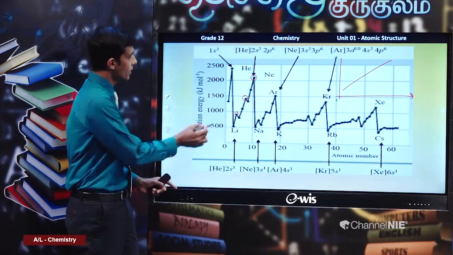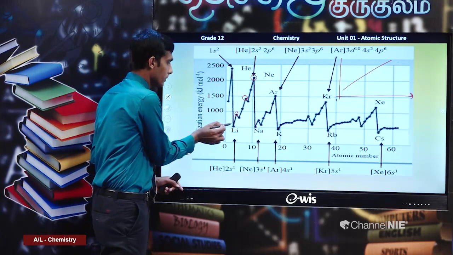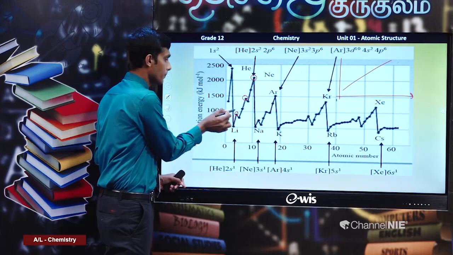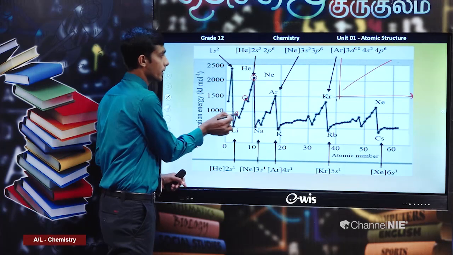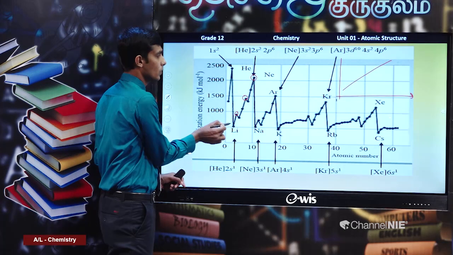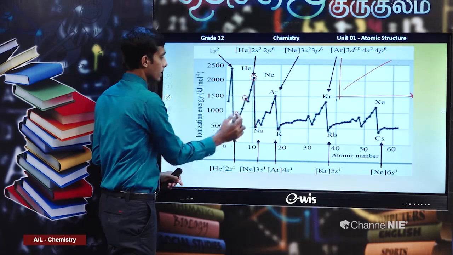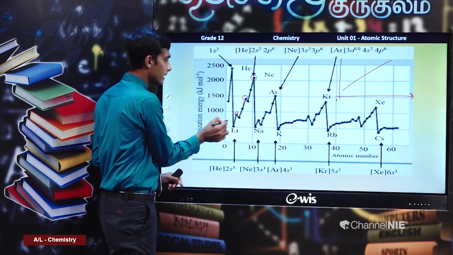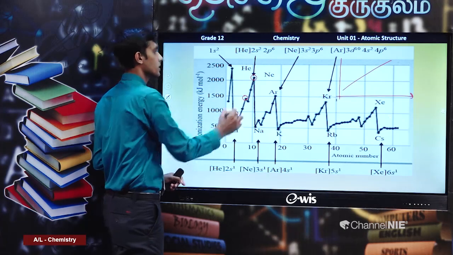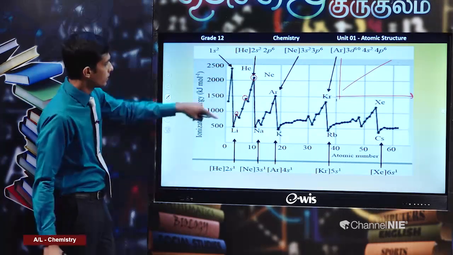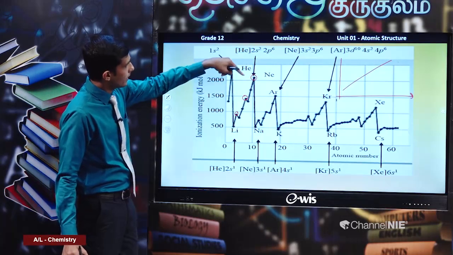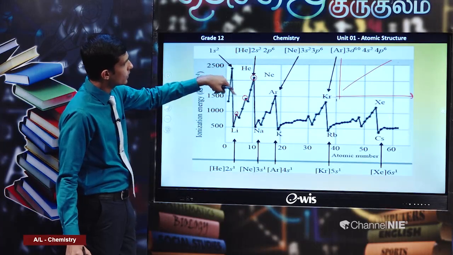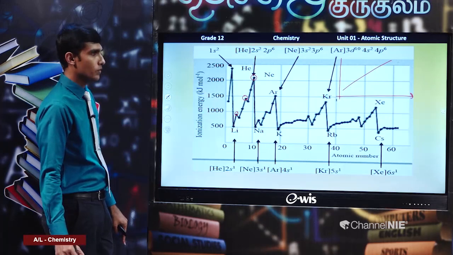That is why from lithium to beryllium, the increase is greater than the expected value. Otherwise you will get a steady increase from lithium to neon. These increases occur due to the stability of the electron configuration.